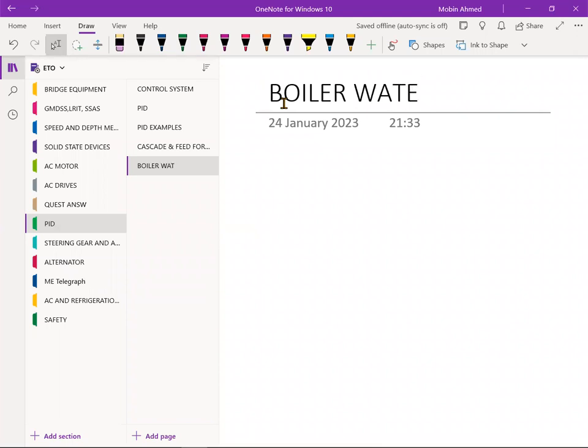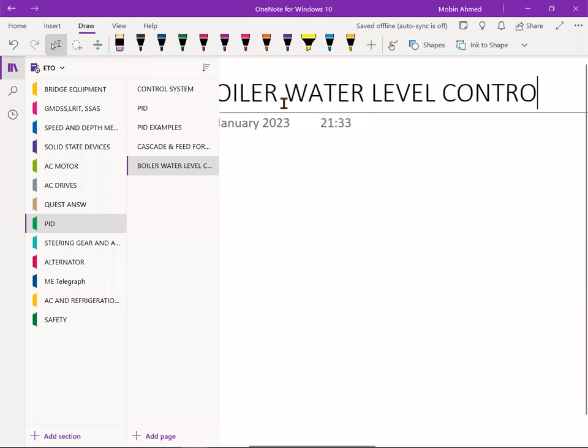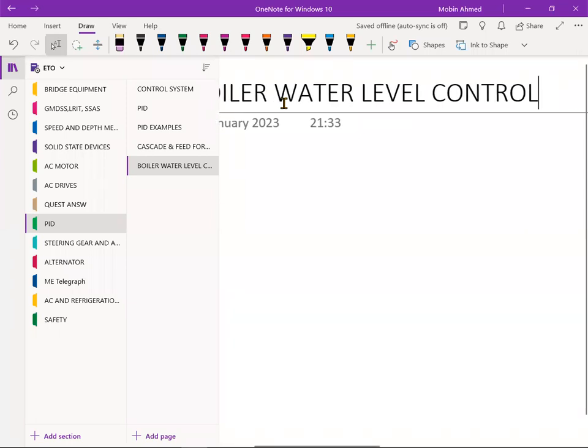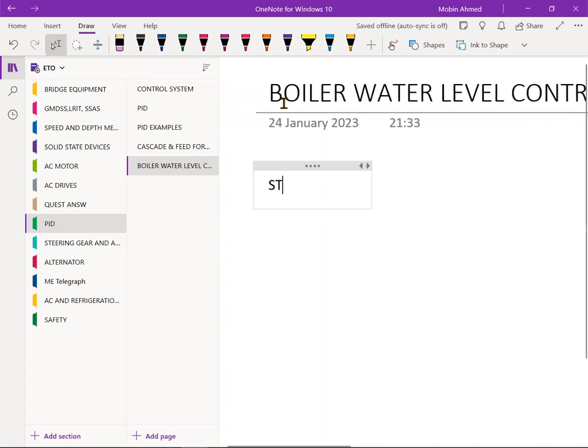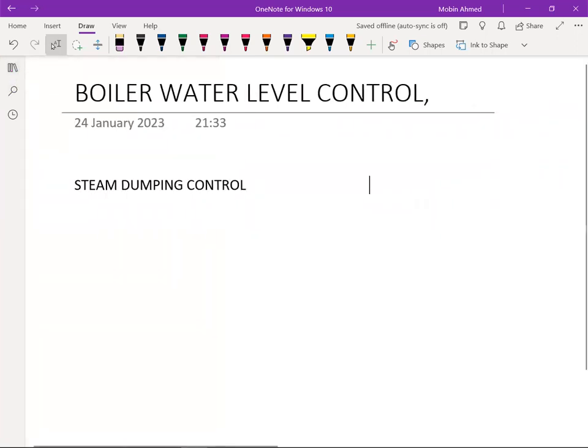One is the water level control, and one more control I will tell you, and that is the steam dumping control. Okay, steam dumping control. So these are the two controls I will be covering here.